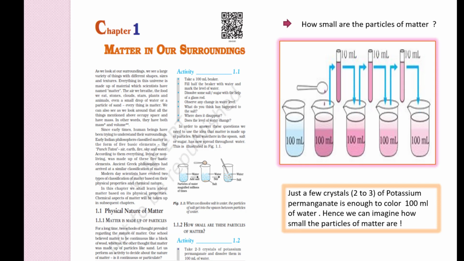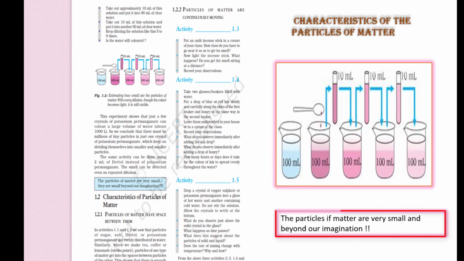gradually turns paler and paler, meaning to say that when you had added the potassium permanganate crystals in the first beaker, it was dark pink, and as you can observe in the following beakers, it becomes lighter and lighter. This clearly shows that the particles are very small and beyond our imagination.